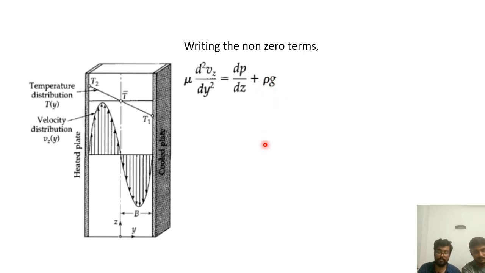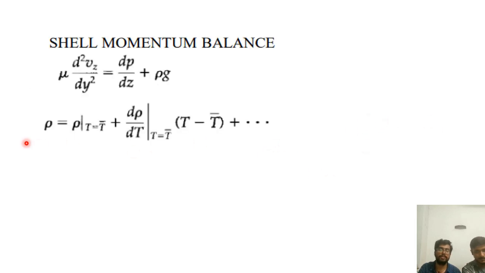We will find it from thermodynamics, and from thermodynamics we find this expression that rho is equal to rho at T equal to T bar, that is at average temperature, plus d rho by dT at T equal to T bar into T minus T bar, and after that we will have d square rho by dT square into T minus T bar whole square, and so on, but we will neglect the higher order terms.